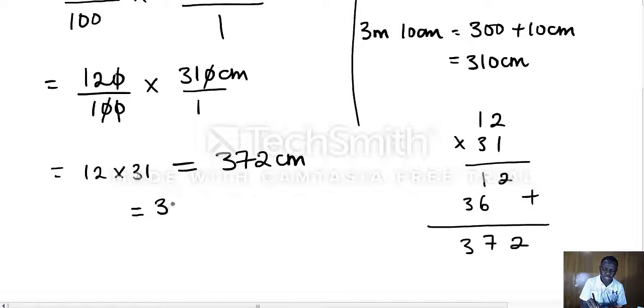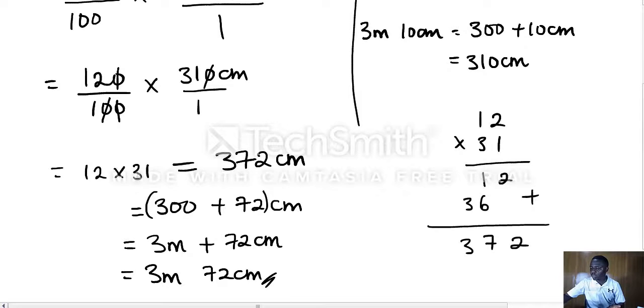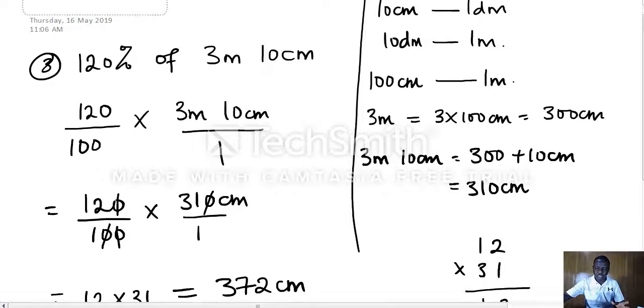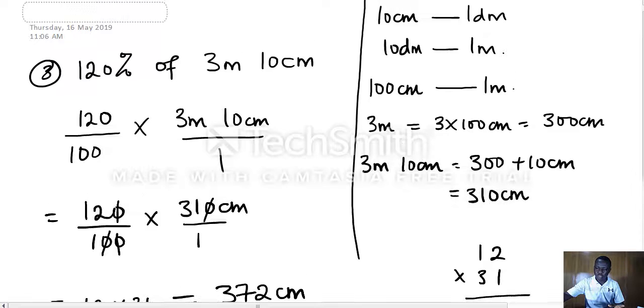So this can be said to be 300 plus 72 centimeters, which I can say to be equal to 3 meters plus 72 centimeters, because 300 centimeters is equivalent to 3 meters. So this is equal to 3 meters 72 centimeters, which is an increase. So this is what you will get as your answer.